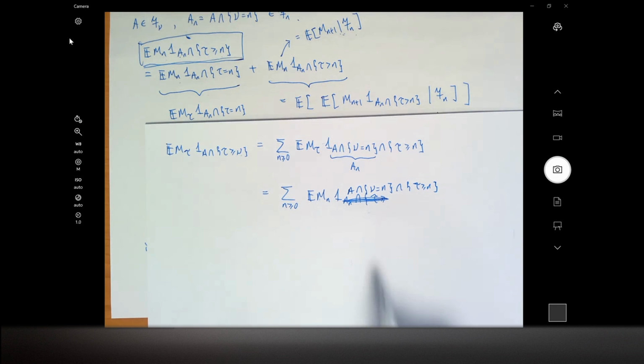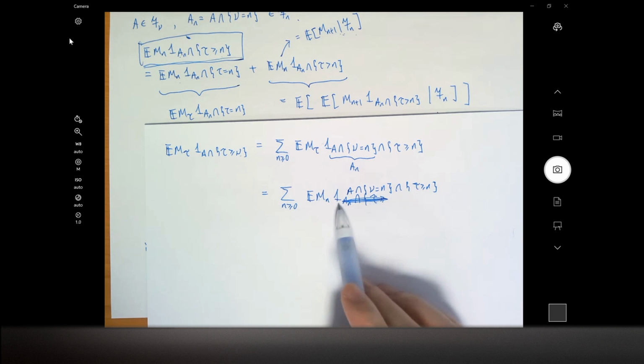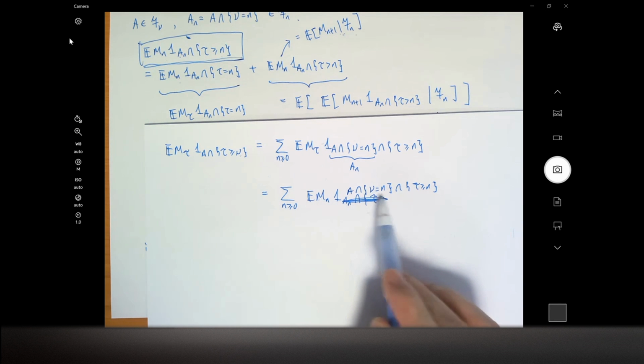So you can see this is restricted to nu equals n.